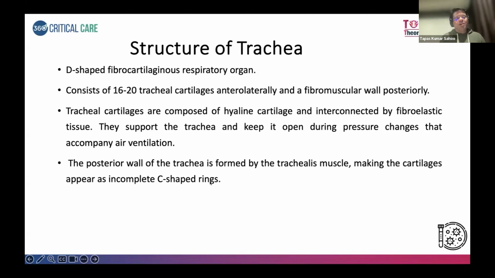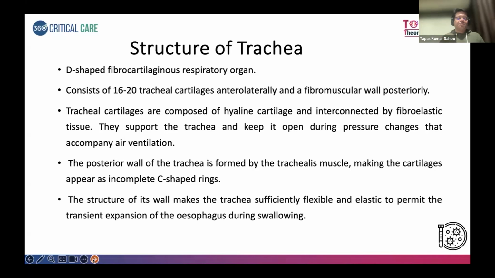Now, the posterior wall of the trachea, as I have already mentioned, is formed by the trachealis muscle, making the cartilages appear as incomplete C-shaped, or whatever we are calling D, because the straight part of the D would be the fibromuscular trachealis muscle. The structure of its wall makes the trachea sufficiently flexible and elastic to permit transient expansion of the esophagus during swallowing.